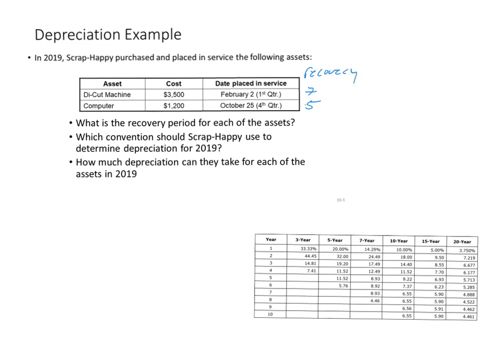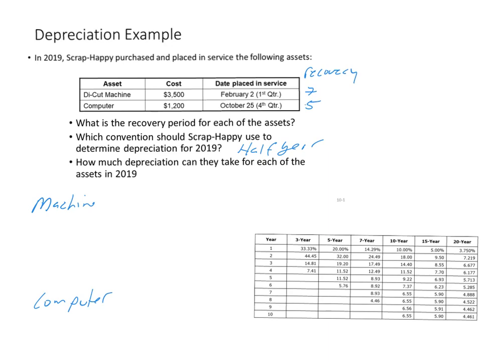And we already said that we're going to use half year in this situation. So now we need to figure out the depreciation for each one. We've got the machine, and we've got the computer.